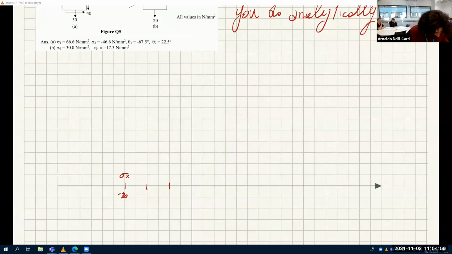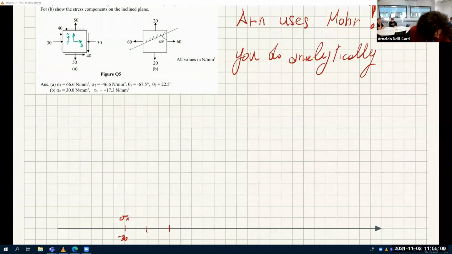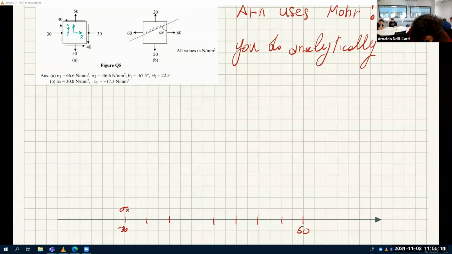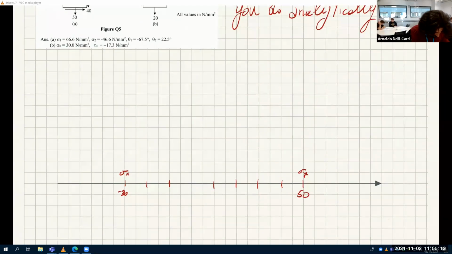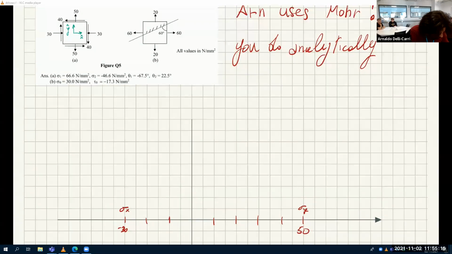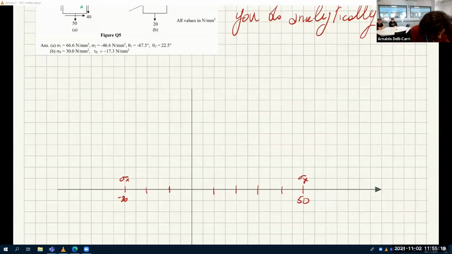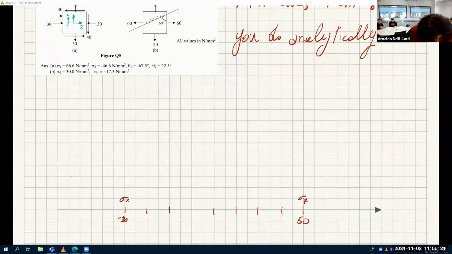Sigma y is positive 50. Sorry, 1, 2, 3, 4, 5. So this is 50, sigma y. And then I have tau xy is negative 40. So tau xy is negative 40. So it's 1, 2, 3, 4.